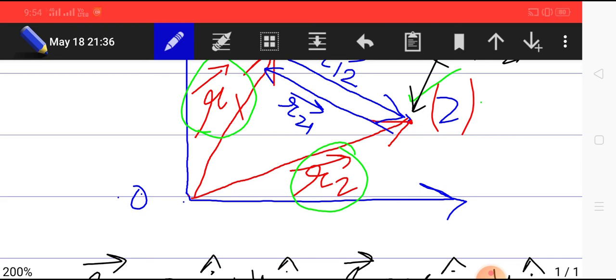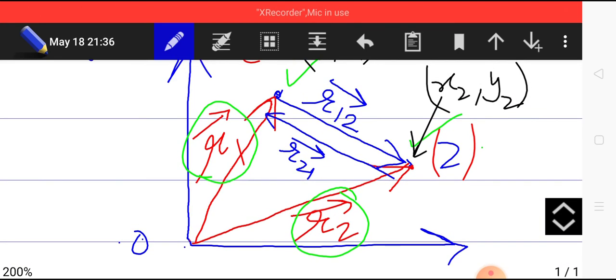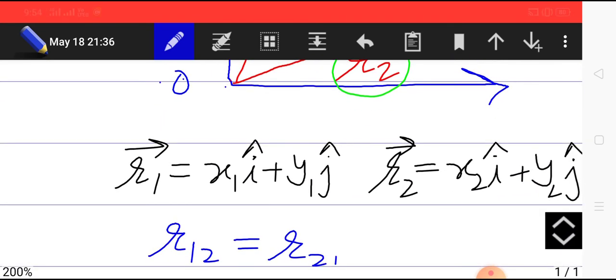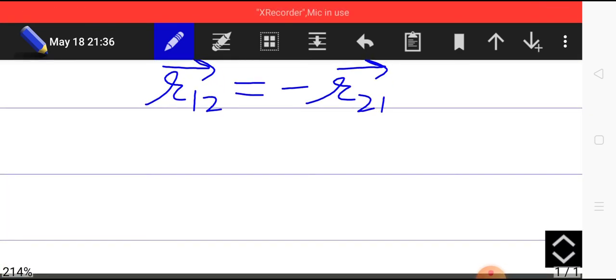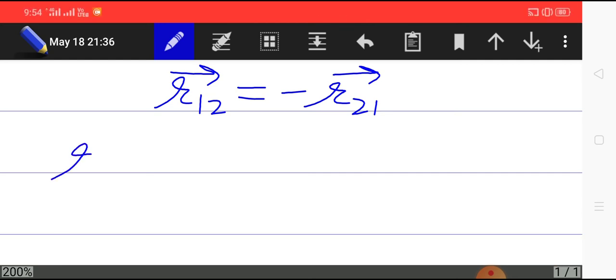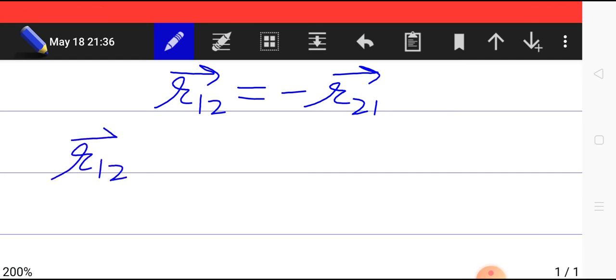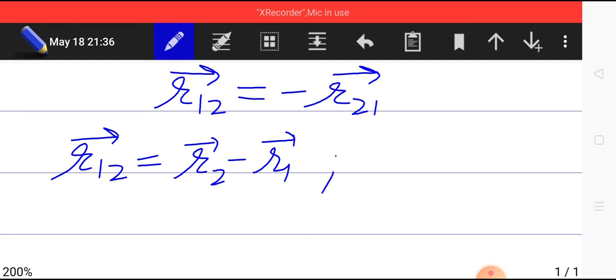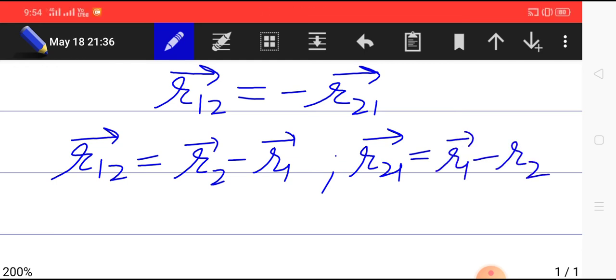It is very simple: r1 vector plus r12 vector is equal to r2 vector. So if you want to write vector r12, you can always write it as r2 vector minus r1 vector, and similarly you can write r21 vector as r1 vector minus r2 vector.